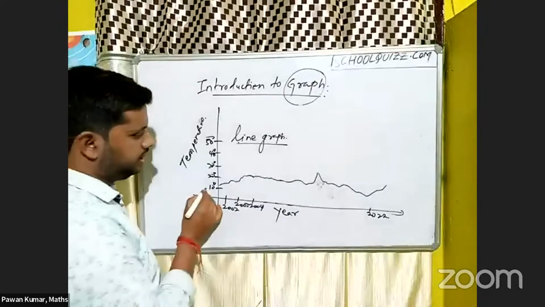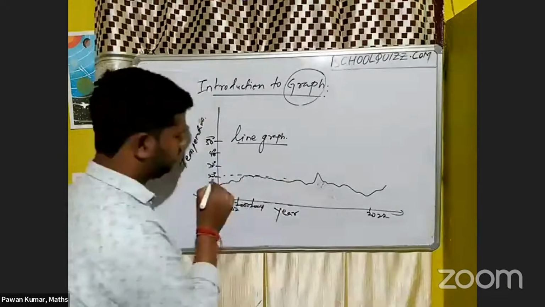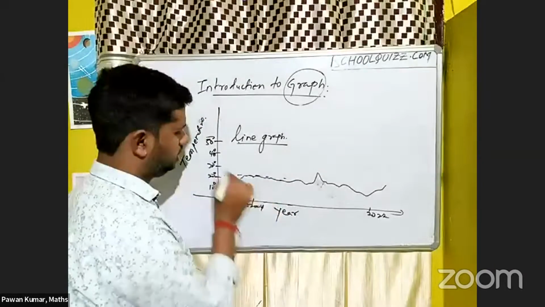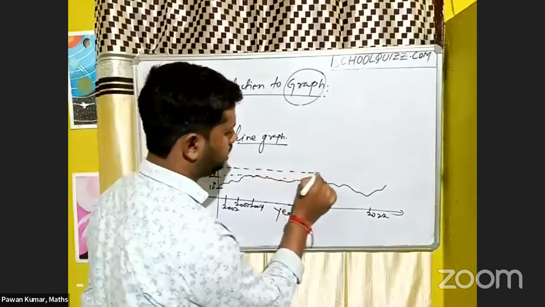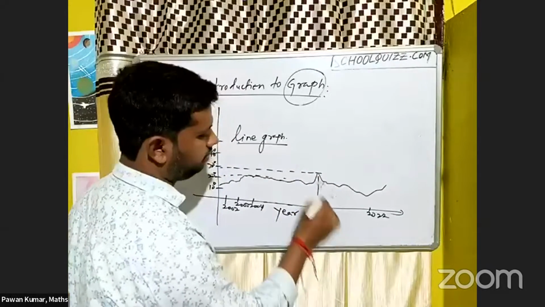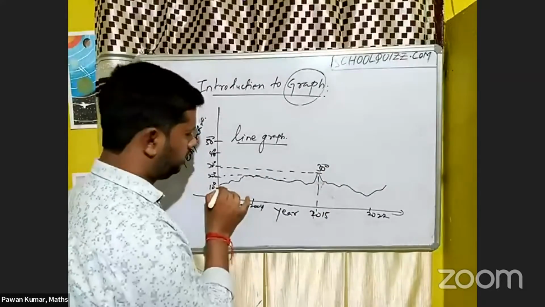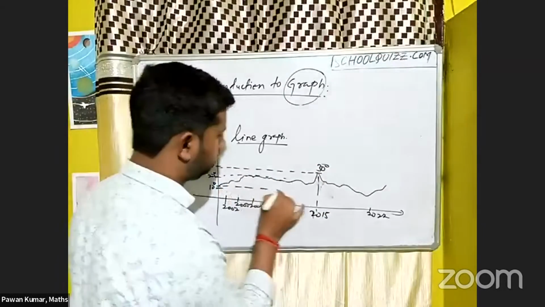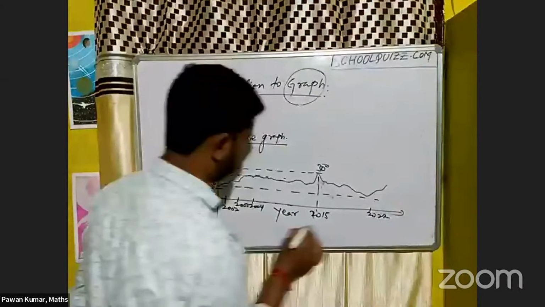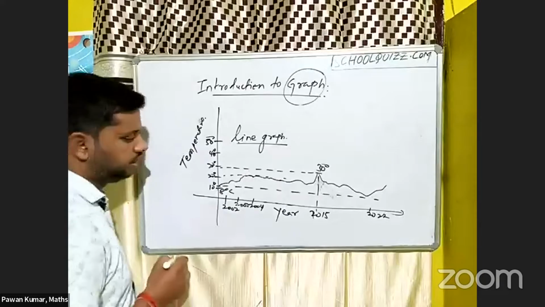So what I'm seeing here is that the average temperature is 20 degrees Celsius, and the maximum, at some certain year, say 2015, will reach 30 degrees Celsius. And suppose the minimum, let it be here, 8 degrees Celsius in 2002.